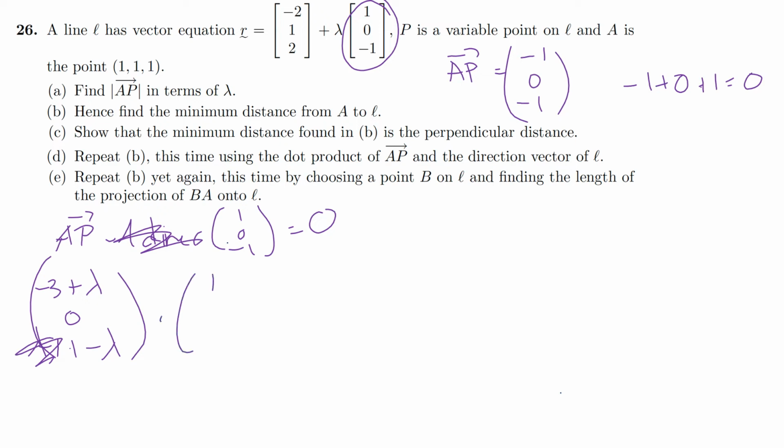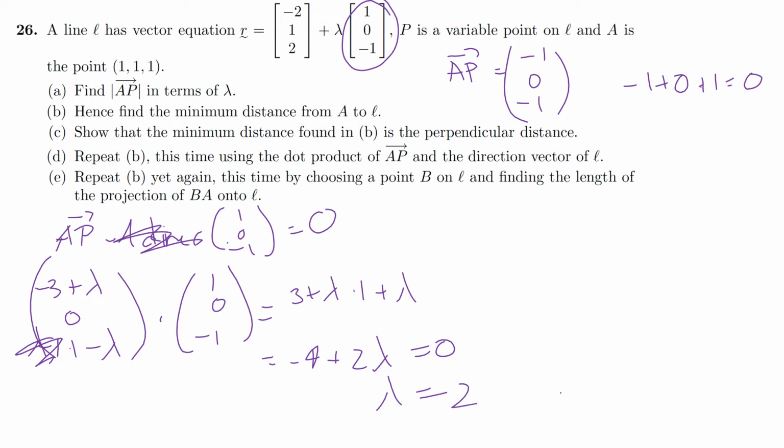If we dot product that with the direction of the line, we would be getting 3 plus lambda minus 1 plus lambda, which gives us -4 plus 2 lambda. We know that has to equal 0 because it's got to be perpendicular. So again, lambda must be equal to 2.